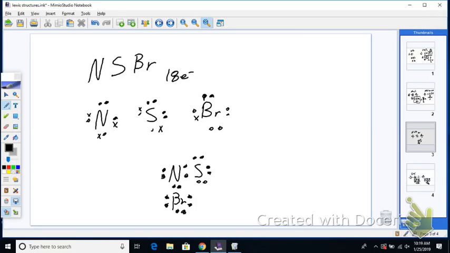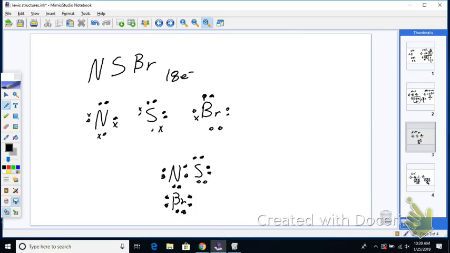So wherever you have multiple spots, that means you can have multiple bonds. That means you can share more than 2 electrons between 2 atoms. Nitrogen has 3 spots. Actually, nitrogen possibly could share 3 spots between it and another atom if possible.